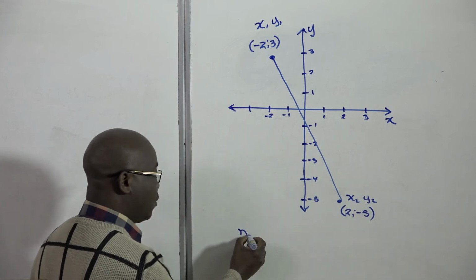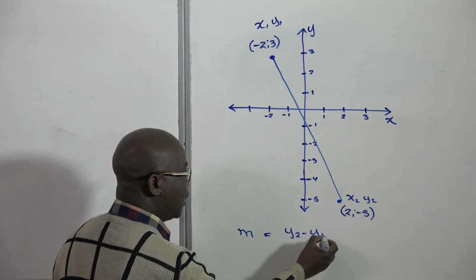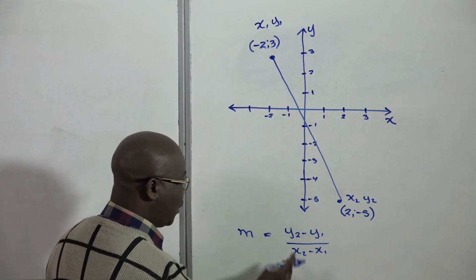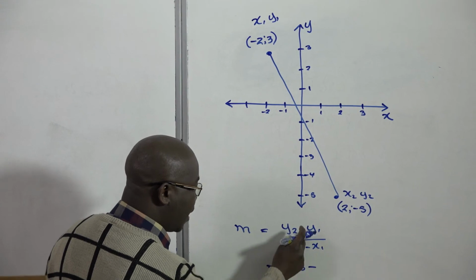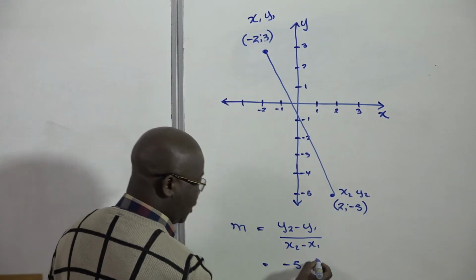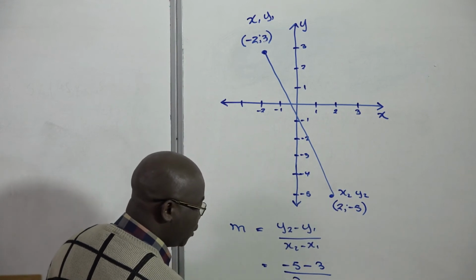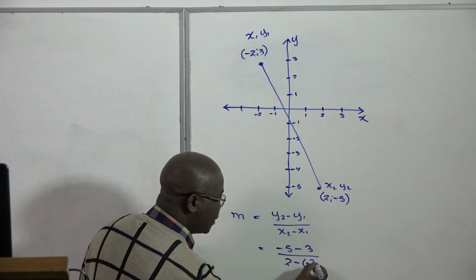Therefore, the gradient m, we said it is (y2 - y1) over (x2 - x1). Our y2 is -5, minus y1 which is 3, divided by x2, which is 2, minus x1, which is -2.